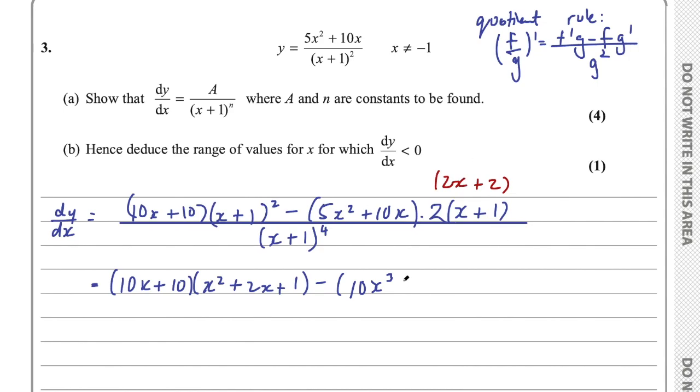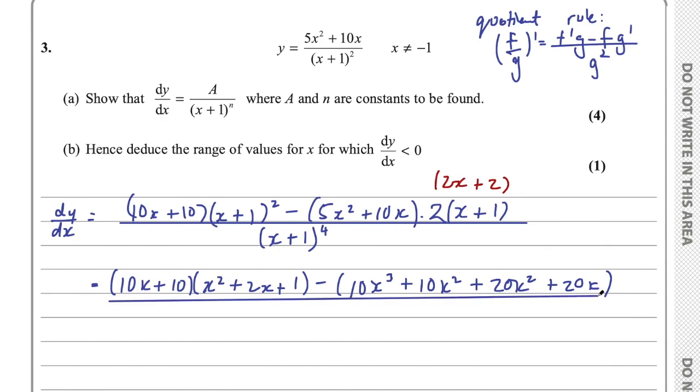Outers would be 10x squared, inners 20x, and 20x squared, last 10x times 2, 20x. Okay, and this is still all over x plus 1 to the power 4.